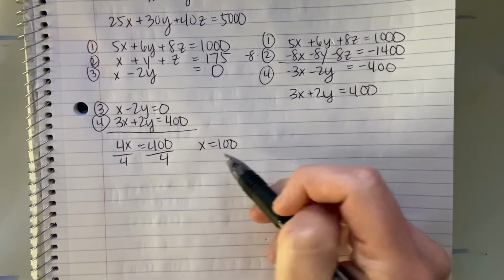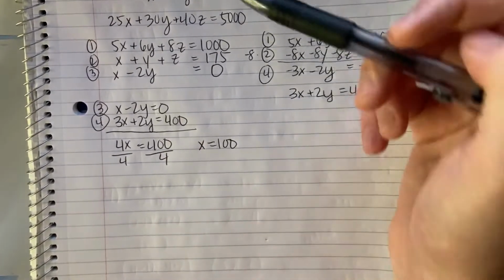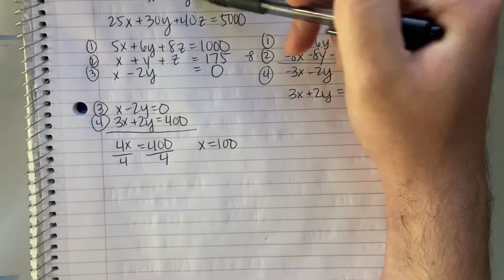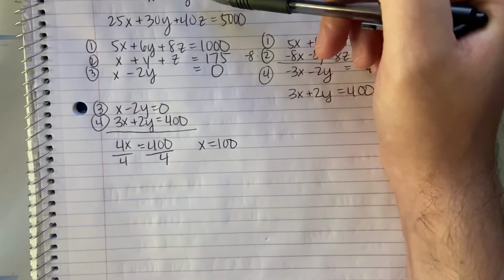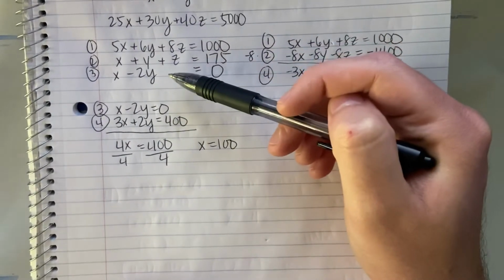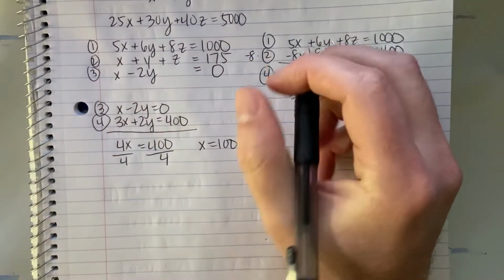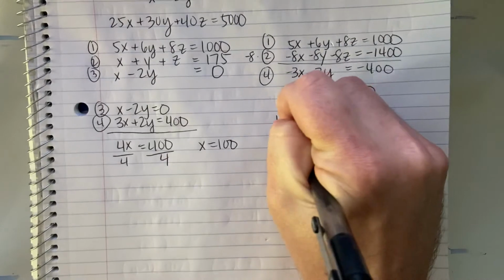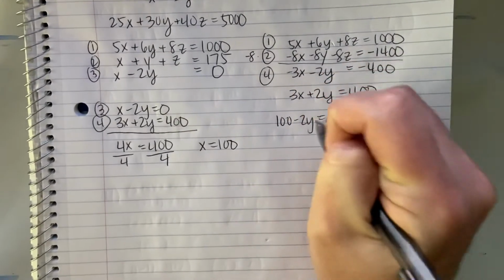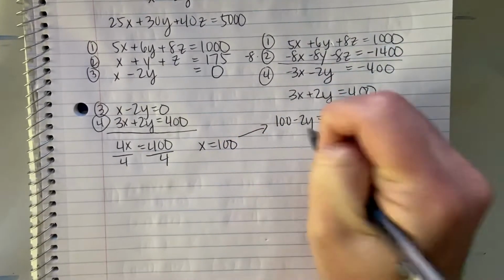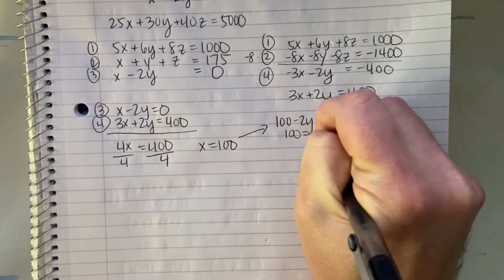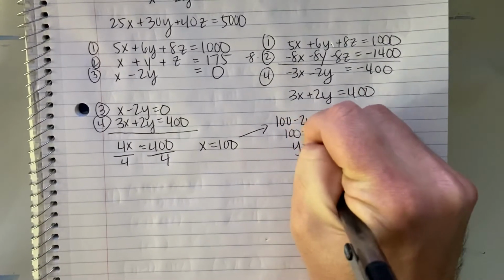But I can use this to plug in to find other equations. First off, up here I see that x equals 2y, from the very beginning, x equals 2y, or x minus 2y equals 0. So I can say 100 minus 2y equals 0. So 100 equals 2y. That makes y 50.